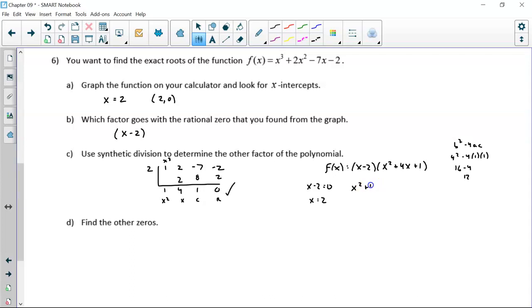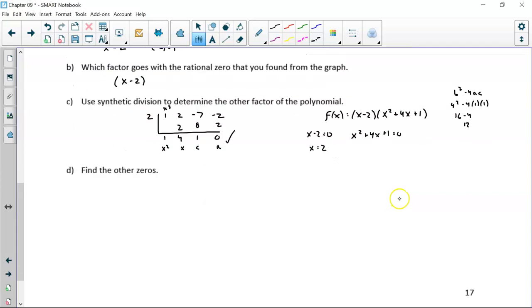x squared plus 4x plus 1 equals 0. What we can do is solve that. It's not factorable, so we could either complete the square or use the quadratic formula. This is actually a decent one for completing the square, but I think most people use the quadratic formula at this point. x equals the opposite of b plus or minus the square root of b squared minus 4ac, all divided by 2a.